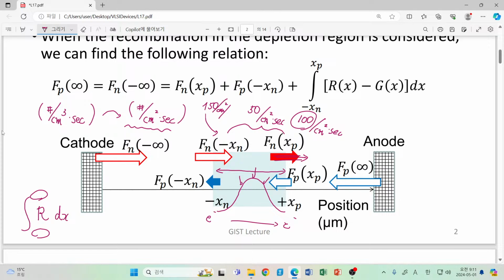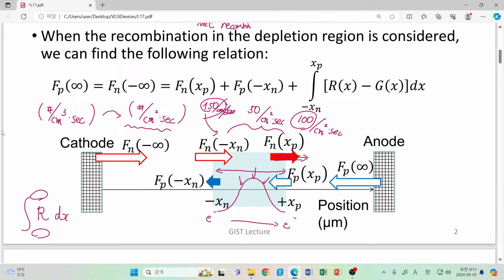Otherwise, observe that if this is not 150, then there is some contradiction. 150 electrons come in, and among them, 1/3 are recombined, and only 2/3 escape from this depletion region and enter into this n-type region.